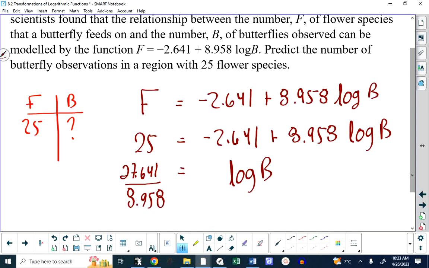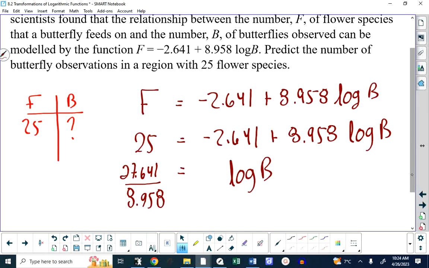The decimal answer you get is going to be very close to 3. I don't know whether it's 2 point something or 3 point something, but Will, do you have a decimal number? 3.09. And what you would do is take 25, you would add the 2.641 to get 27.641, and then you divide by the 8.958.